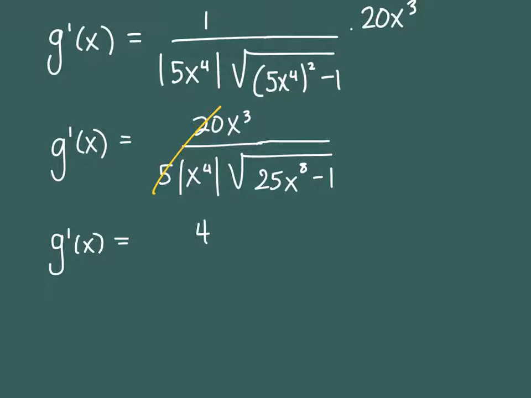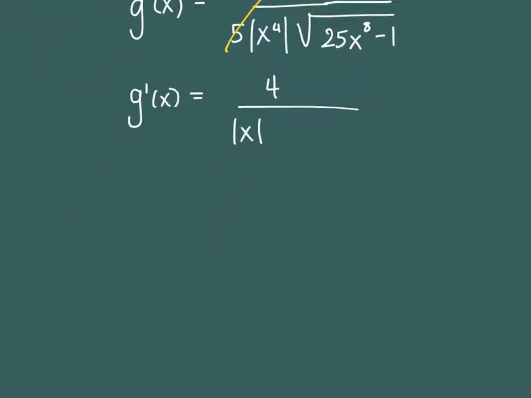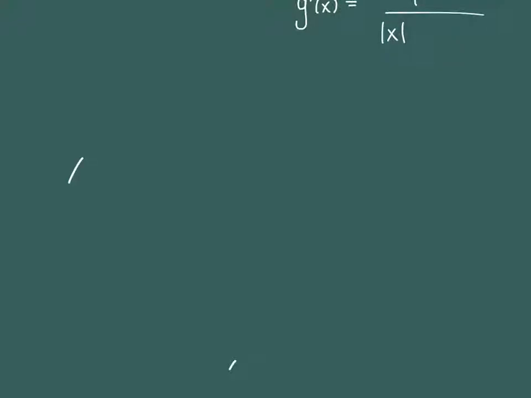Oops, I'm going to have 4 because I'm going to reduce. 4 over. When I reduce x cubed with the absolute value of x to the 4th, I'm left with the absolute value of x. Now, if the reducing would happen differently, let me just take a minute and show you. If you had x squared reduced over x to the 4th, that reduces into 1 over absolute value of x squared.